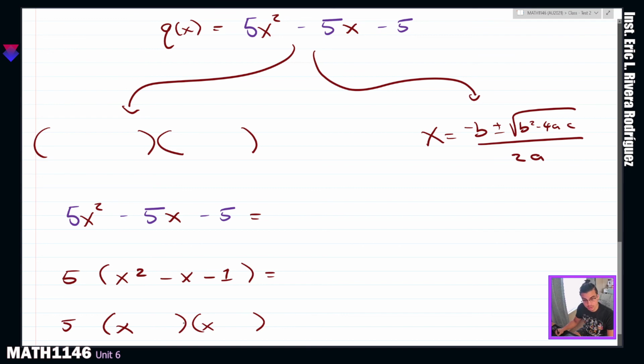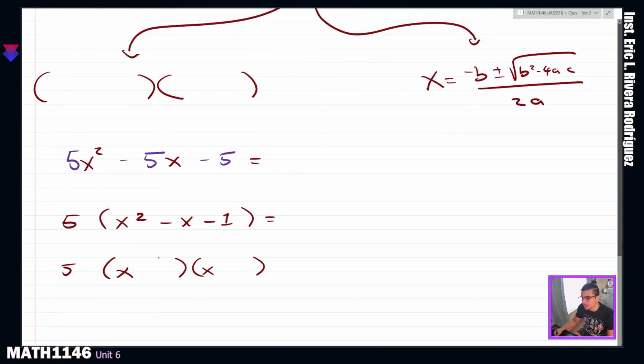What I'm doing is trial and error, finding two numbers that multiply to negative 1 and add to negative 1. Because we know from the graph that the other zeros are irrational, we are not going to be able to find those numbers by force.